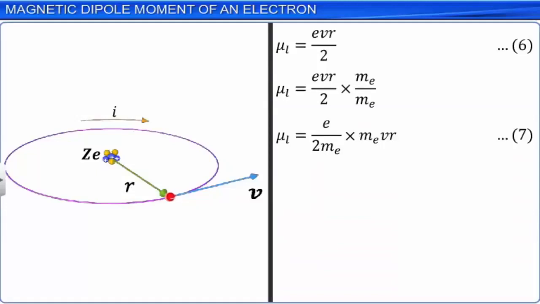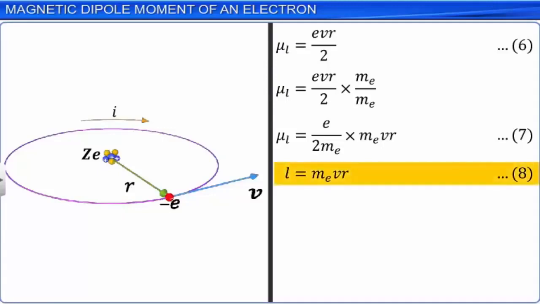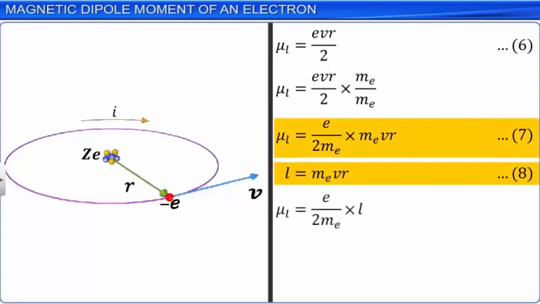We know that the magnitude of the angular momentum of the electron around the nucleus is given by L is equal to me v r. Let this be equation 8. Substituting equation 8 in equation 7 and simplifying, we get the equation μL is equal to e by 2me into L. Let this be equation 9.